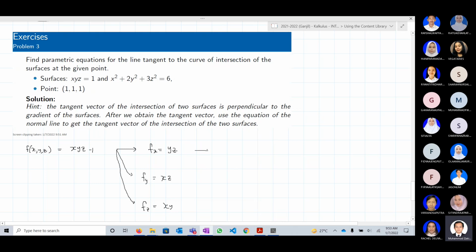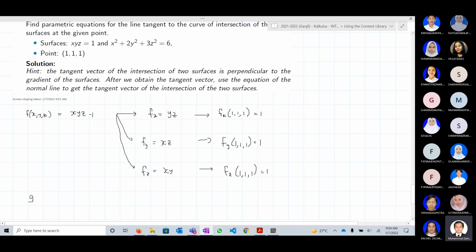Then in this case we have fx at (1, 1, 1) is 1. Also fy at (1, 1, 1) is also 1. And fz at (1, 1, 1) is also 1.